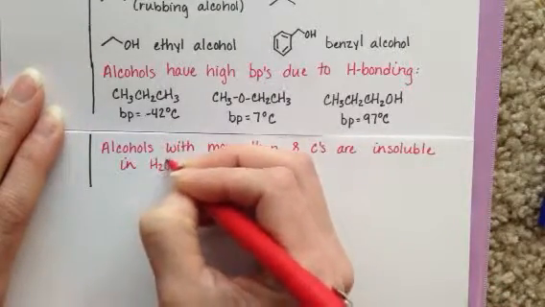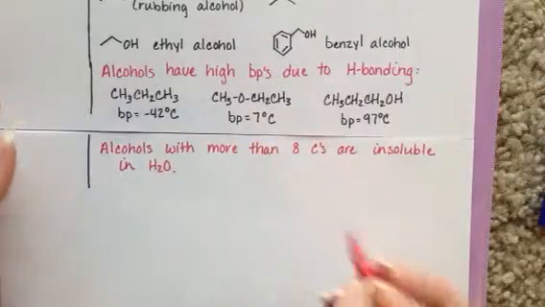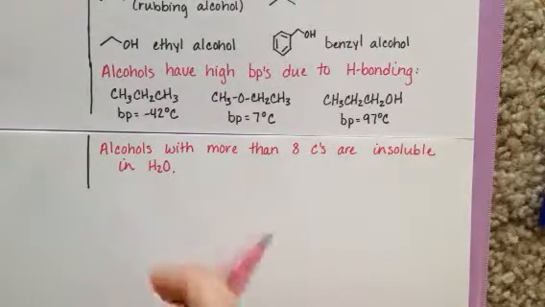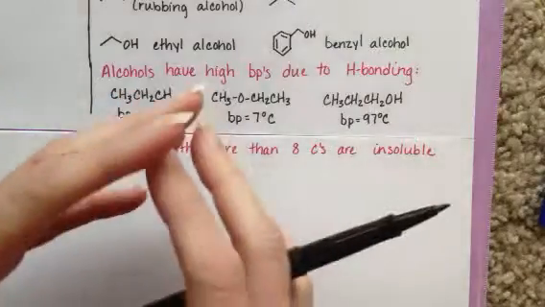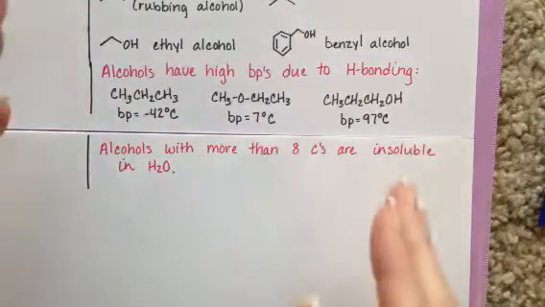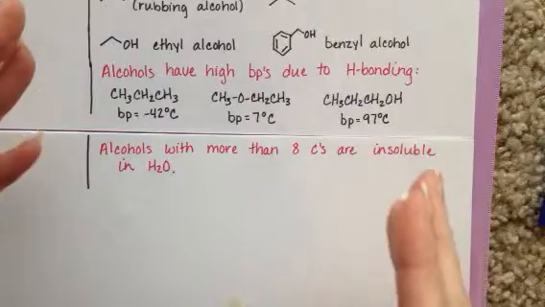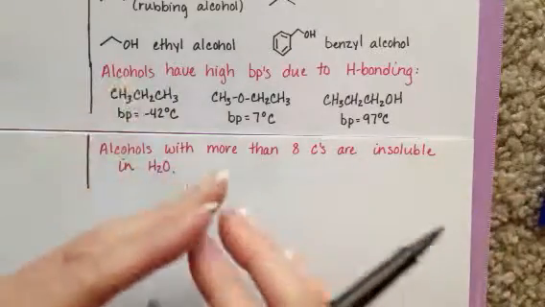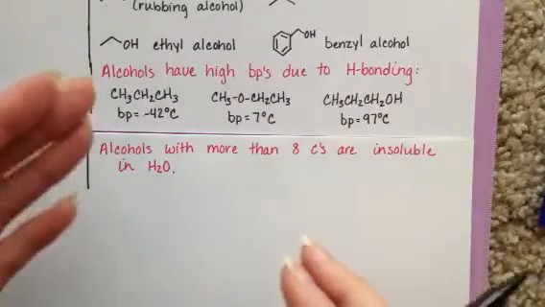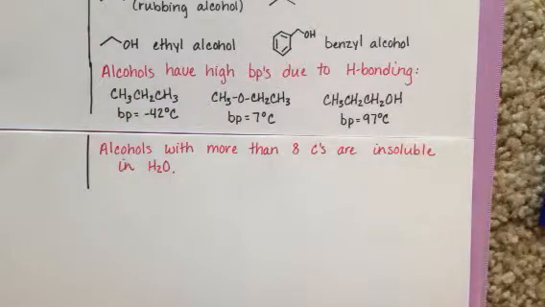This is because even though you do have the polar OH group, if you have more than 8 carbons on the alcohol, it has such a large tail, a large area of the molecule that's nonpolar, that big huge carbon chain.